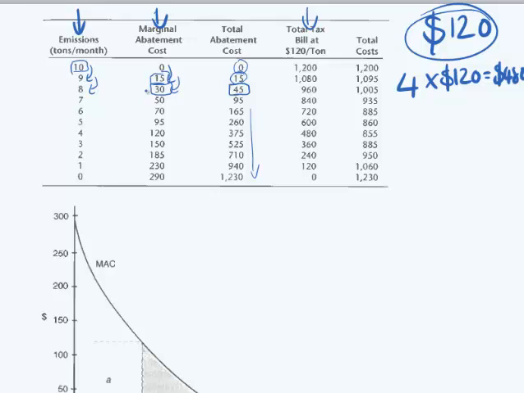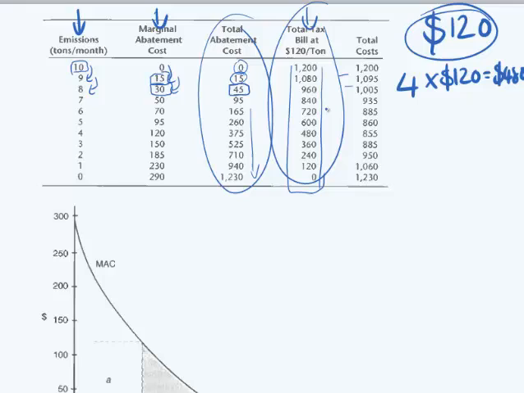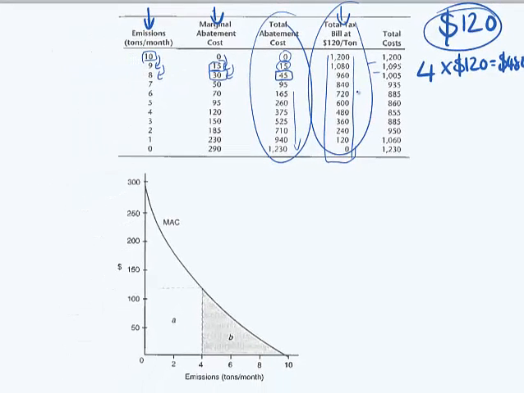If I emit 8, it's 8 times $120, gives me $960. So that is where I get this information from over here. And then lastly is just adding up this column with this column, giving me my total cost. So total cost is the total abatement cost plus my total tax bill at $120 per ton.